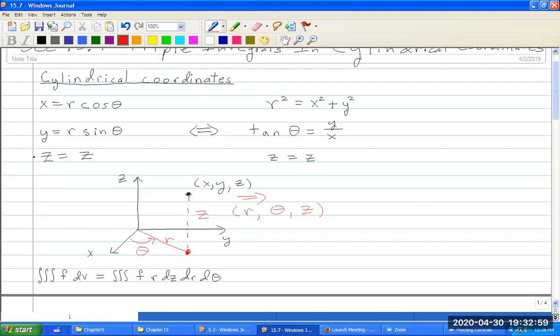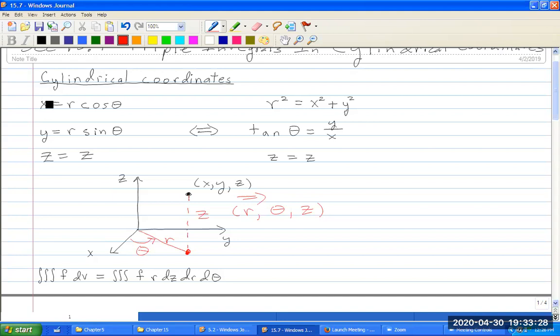Now, if you are in rectangular coordinates and you want to write something in cylindrical coordinates, you do the following. Just like in polar coordinates, if I divide y by x, I get r sine theta over r cosine theta. The r's cancel, so we get sine over cosine. So tangent of theta is y over x.